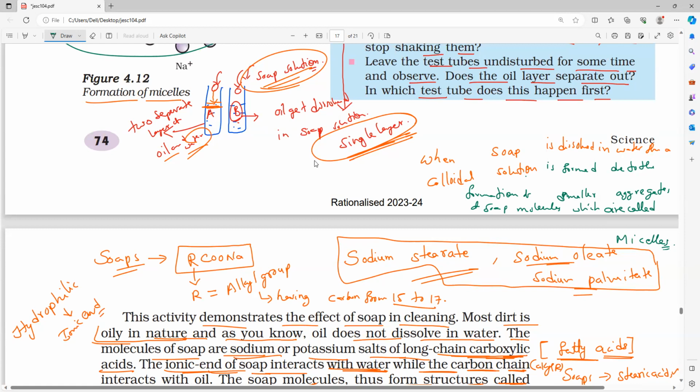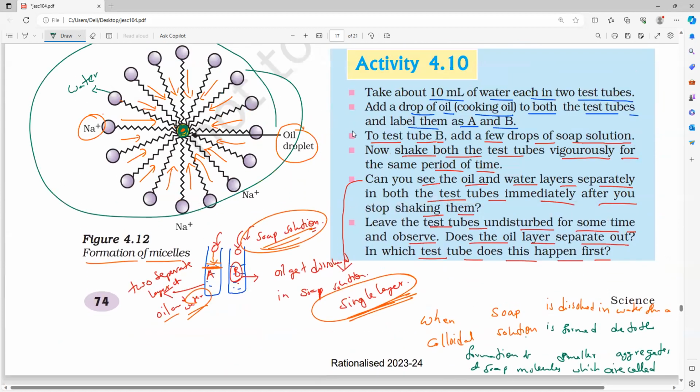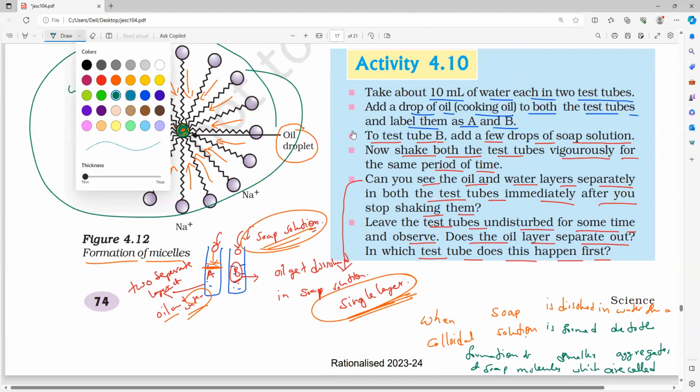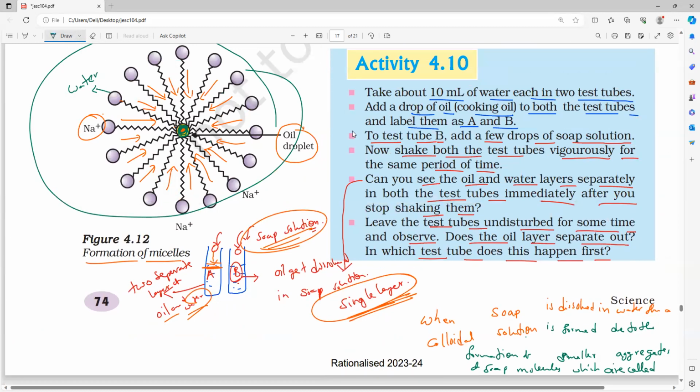Okay, now in this micelle, two things you have to remember again. The hydrocarbon part, that is the hydrophobic tail, is directed towards the center. Center means towards the oil, and the ionic ends are directed outwards.